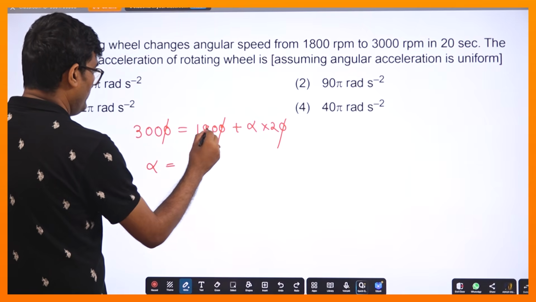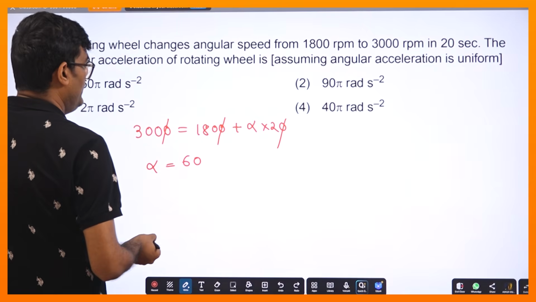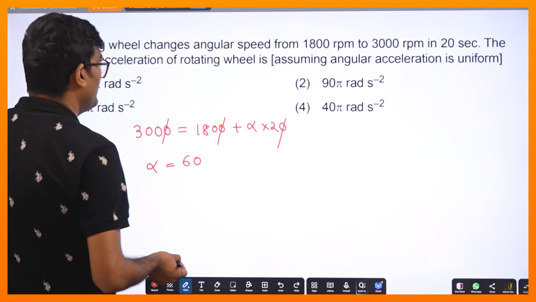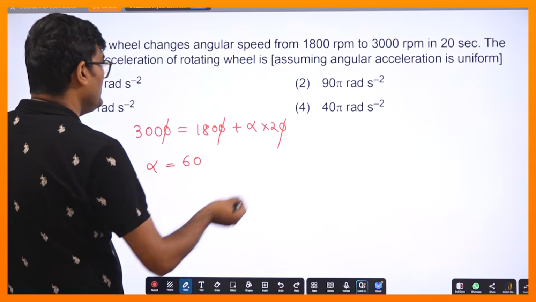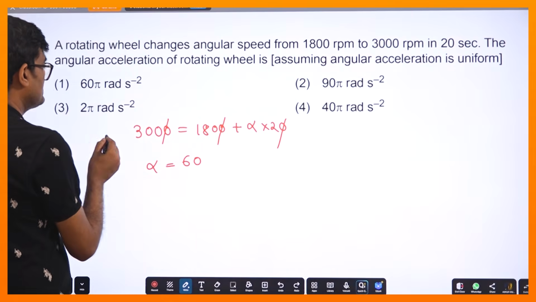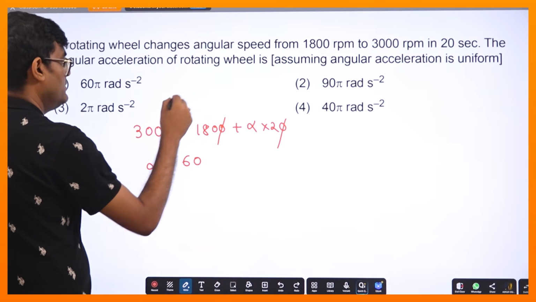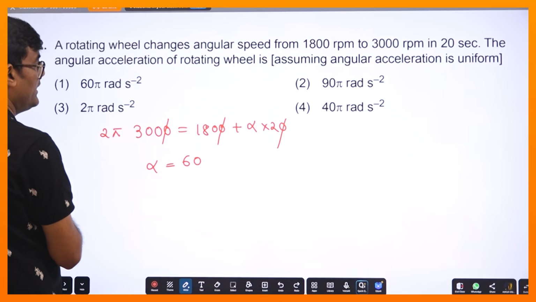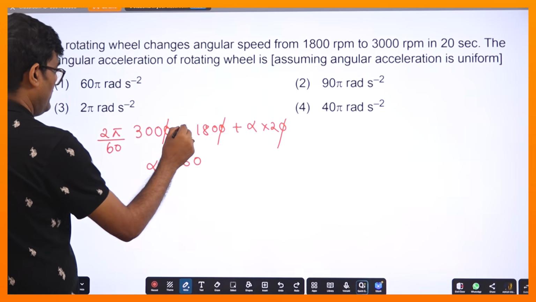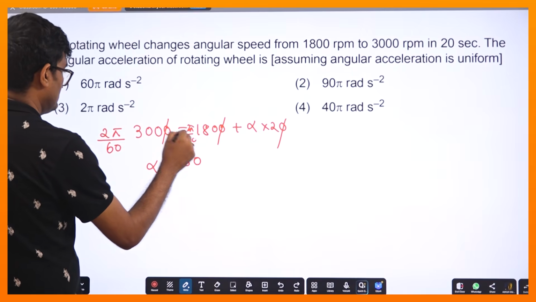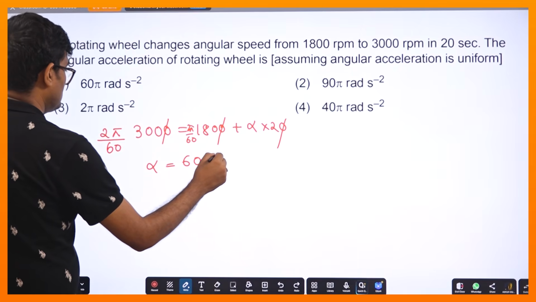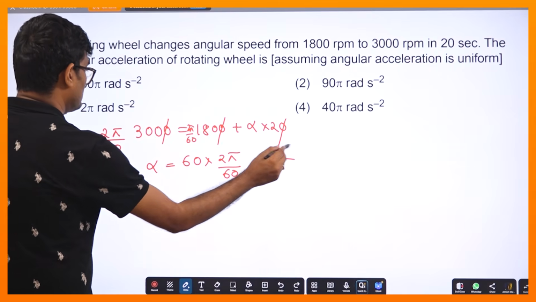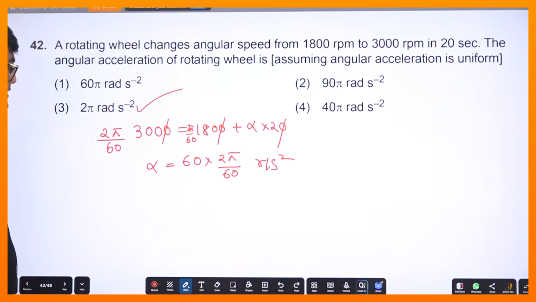Alpha is equal to 3000 minus 1800 by 20, that is 60 rpm per second. The angular speed in rpm is given, and rpm means rotation per minute, so multiply by 2 pi radian by 60 per second. It is also into 2 pi by 60 radian per second square. So I think it is 2 pi radian per second square, which is the correct answer.